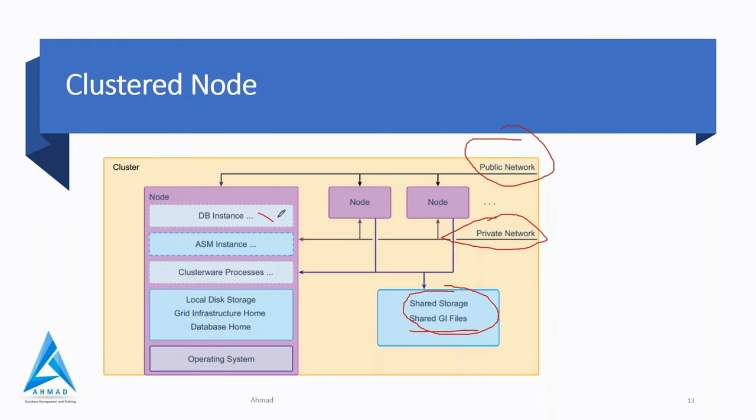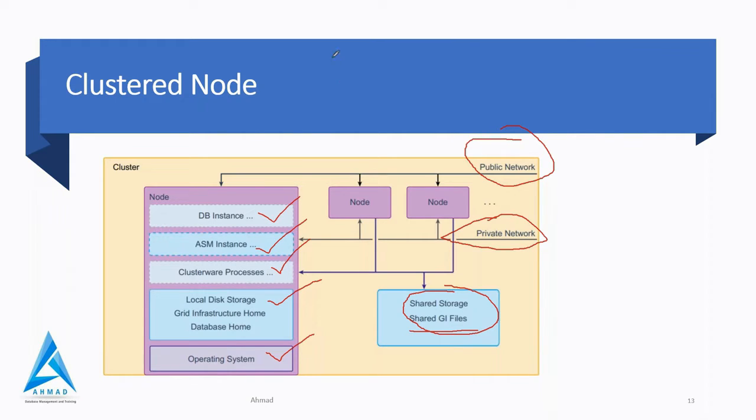Every node has an instance, every node has an ASM instance, every node has clusterware processes, and on every node you can configure local storage also, where you will store the grid infrastructure home or database home, and every node has an operating system.